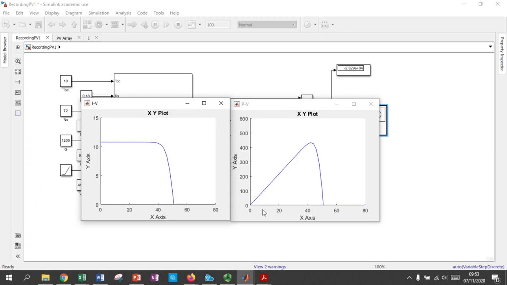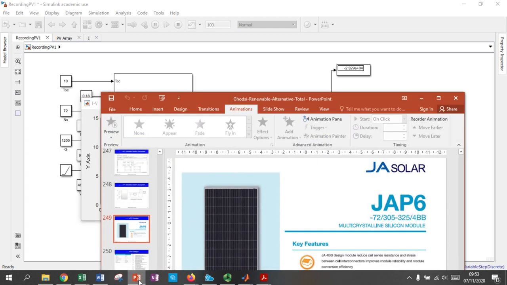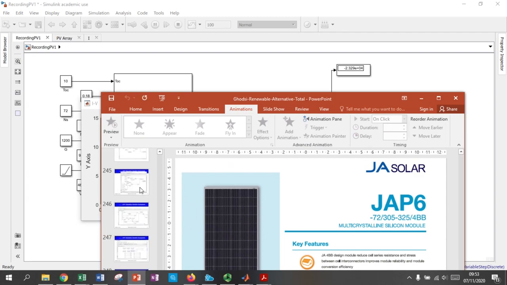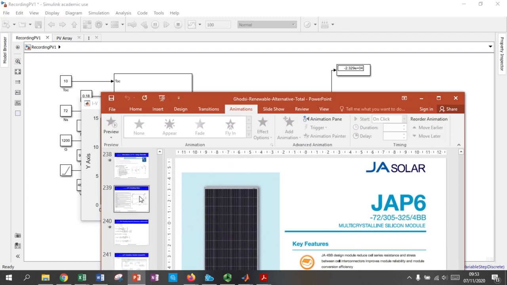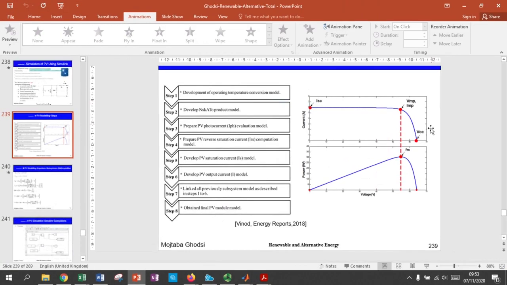This is power versus the voltage, and at this point it shows the VOC, and this is the current versus the voltage. And I guess that in the previous curve that I showed you, this is current versus the VOC, and this is the power versus the voltage.